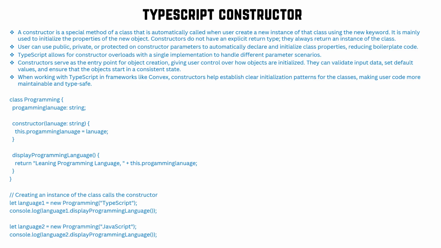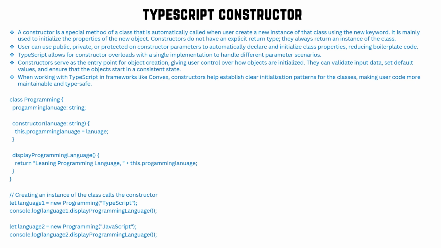Constructors serve as the entry point for object creation, giving the user control over how objects are initialized. They can validate input data, set default values, and ensure that the objects start in a consistent state. When working with TypeScript in a framework like Convex, constructors help establish a clear initialization pattern for the classes, making user code more maintainable and type safe.